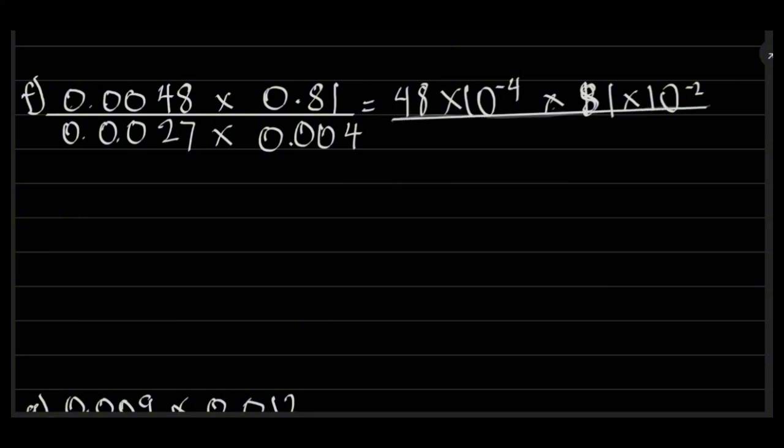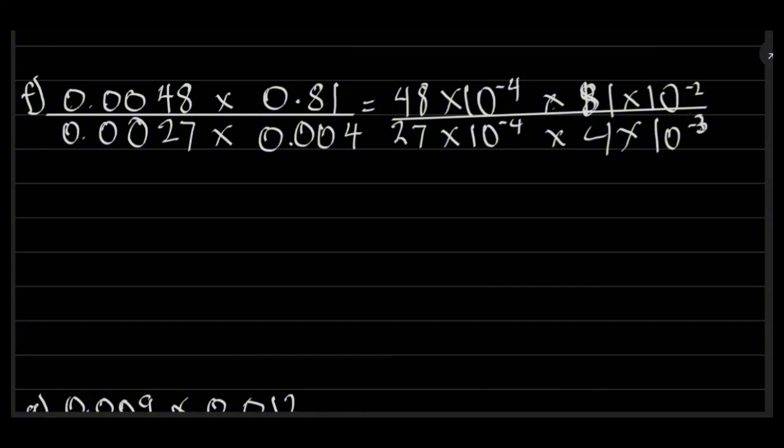all over 27 times 10 raised to the power. How many decimal places have we cleared? We've cleared 4 decimal places, so times 10 raised to the power negative 4 times 4 times 10 raised to the power negative 3, because we cleared 3 decimal places.